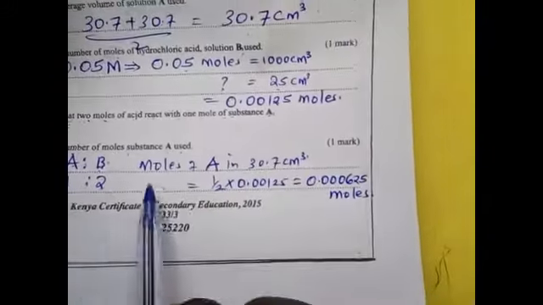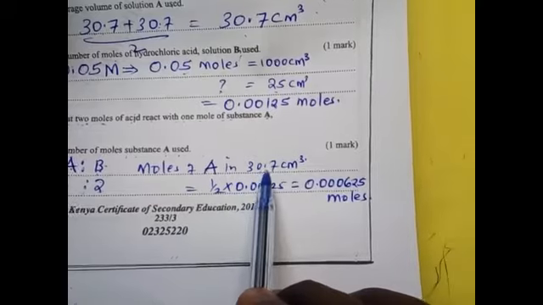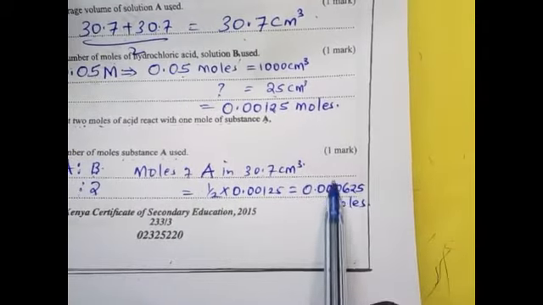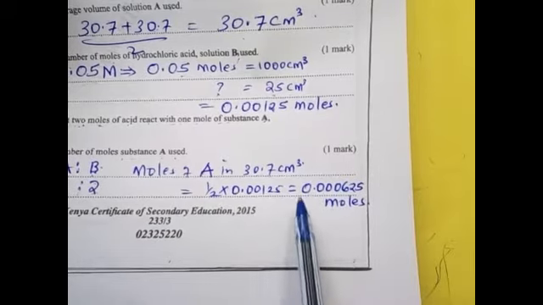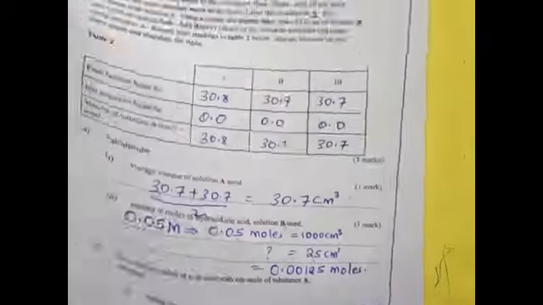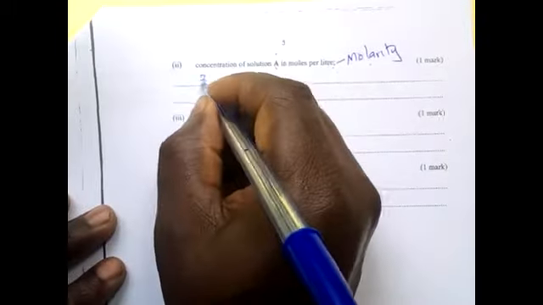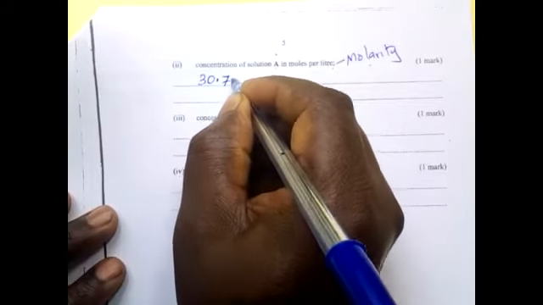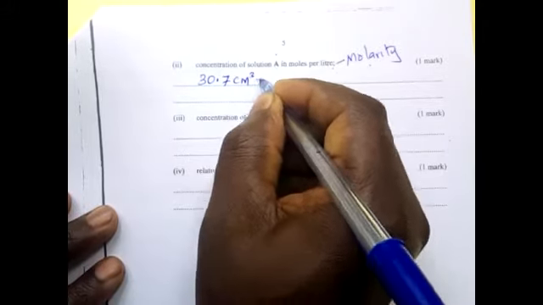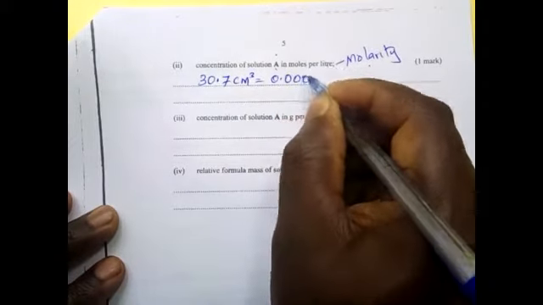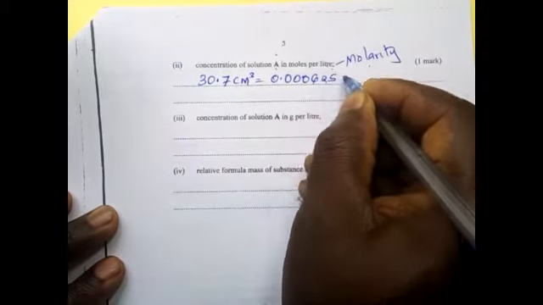We know that 30.7 centimeters cube contains 0.000625 moles.